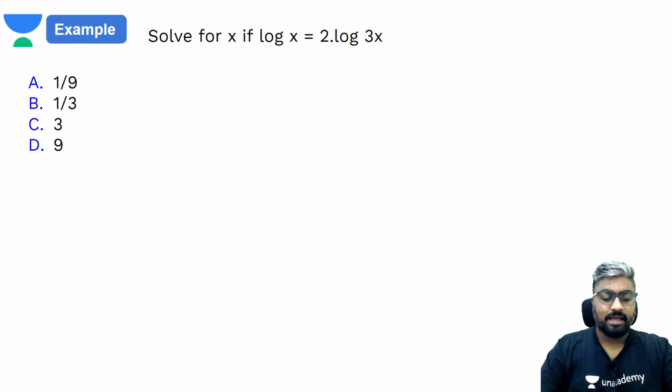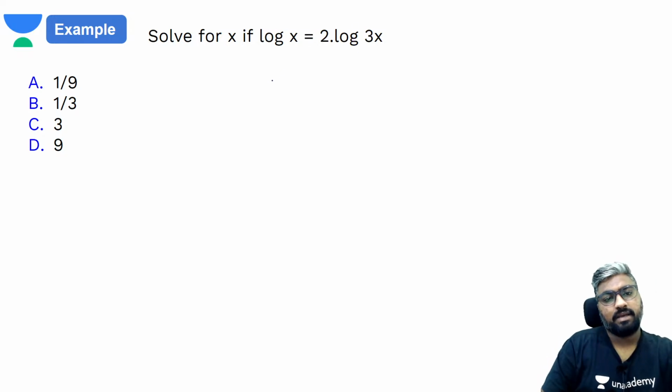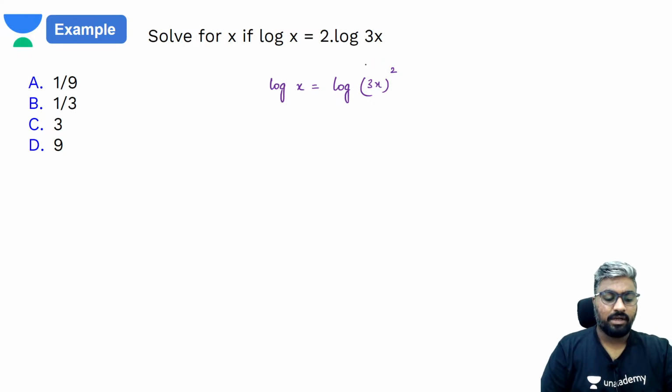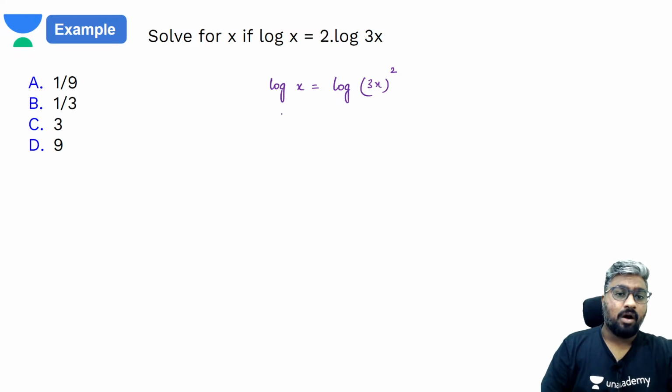If we rewrite this equation, log x is equal to 2 times log 3x would become what? Log (3x) whole square, correct? This 2 times comes up to the exponent part. On both sides, we have the bases equal.